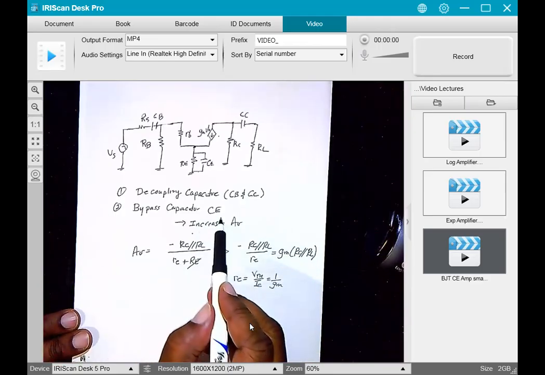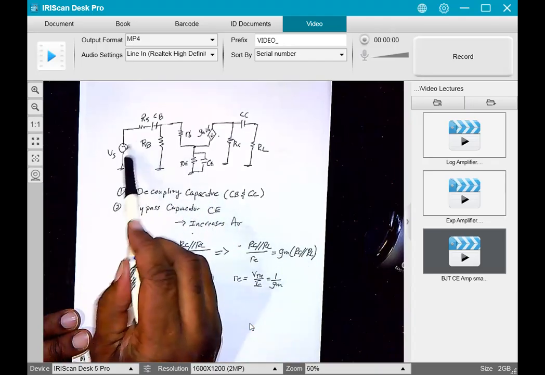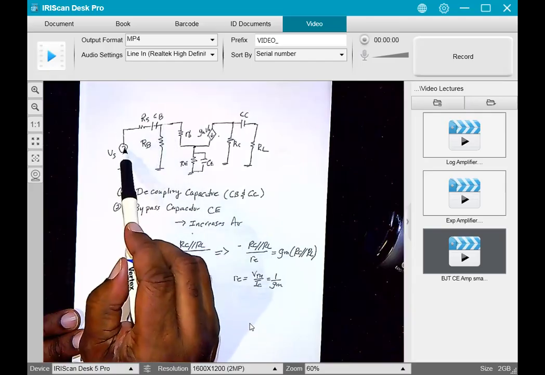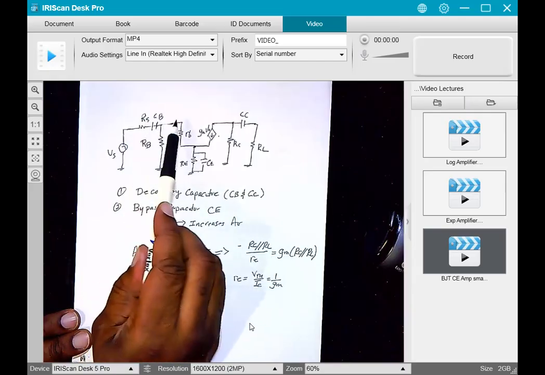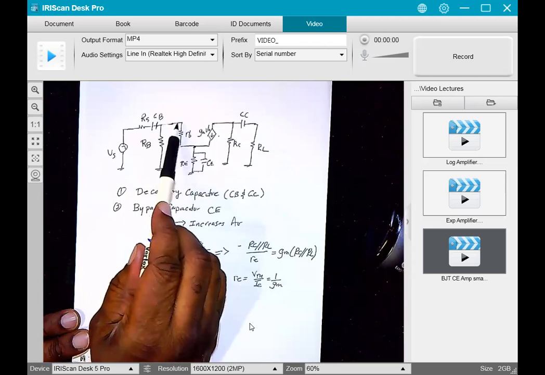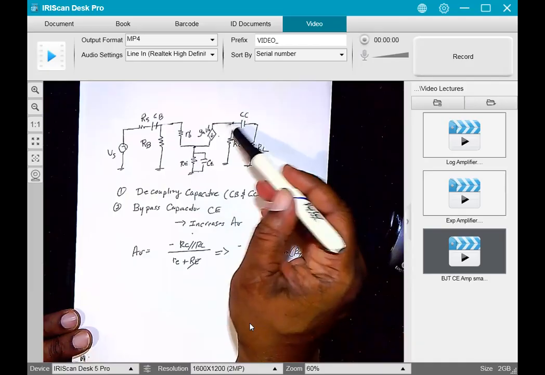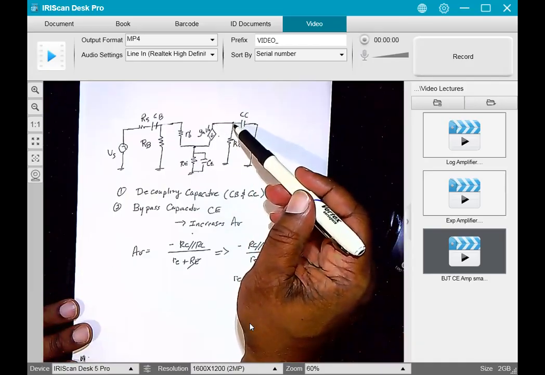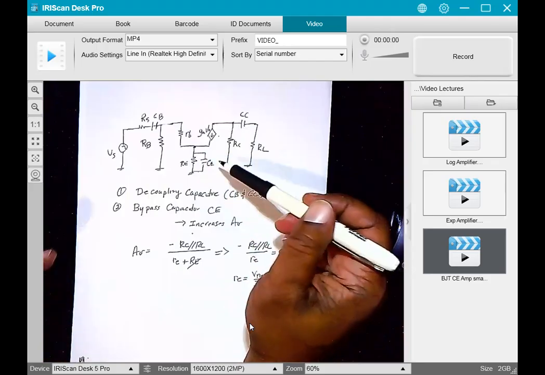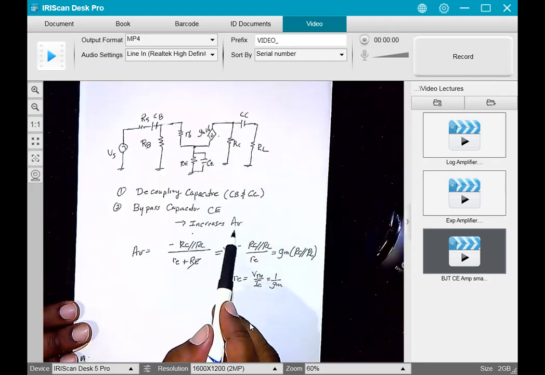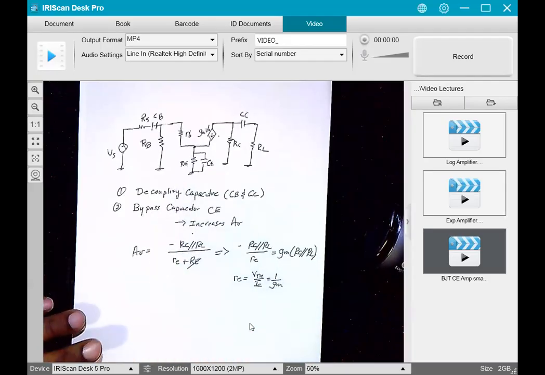So these guys here are responsible for decoupling. It's basically preventing any DC voltage that may be present in our source here from adversely affecting our base current here. Keep it from adversely affecting our collector current here, DC wise. And this guy right here, basically it increases our gain by bypassing RE.